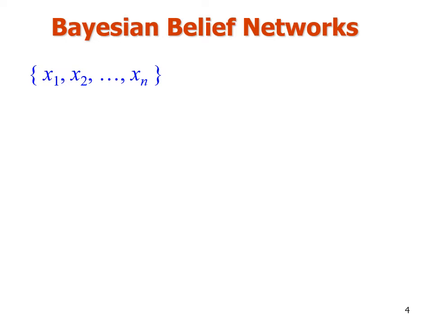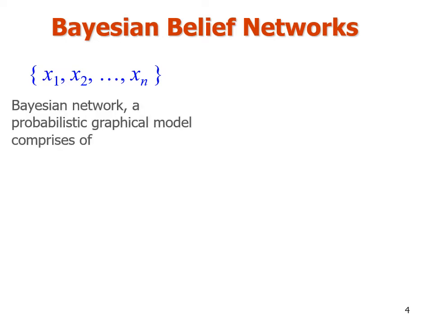So we have a set of variables in a domain, and we would like to look at the types of dependencies or independencies between these variables, and we are going to make use of Bayesian belief network to represent this scenario. As I mentioned earlier, a Bayesian network is a probabilistic graphical model comprising nodes and links or arcs.